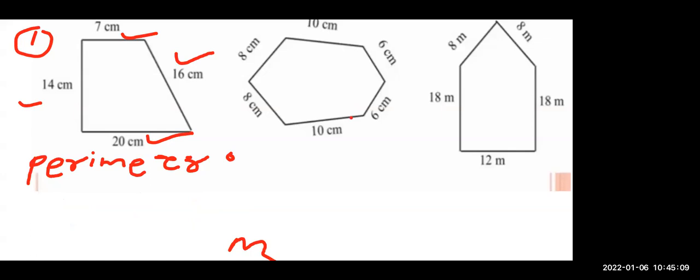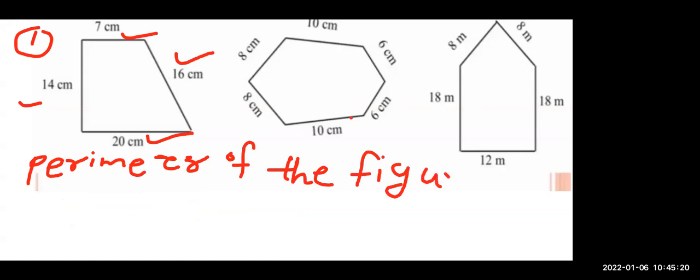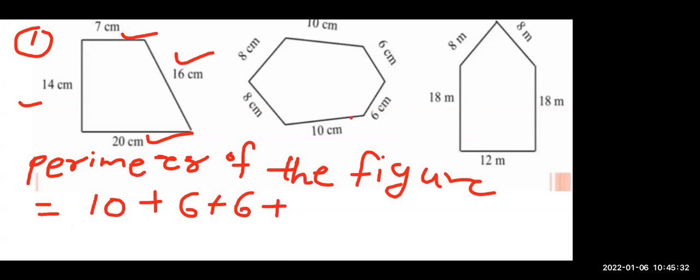What will be the statement? Same. The statement will be same, perimeter of the figure. Second question, perimeter of the figure is how much? You are giving me the answers, but we will do 10 plus 6 plus 6 plus 10 plus 8 plus 8.